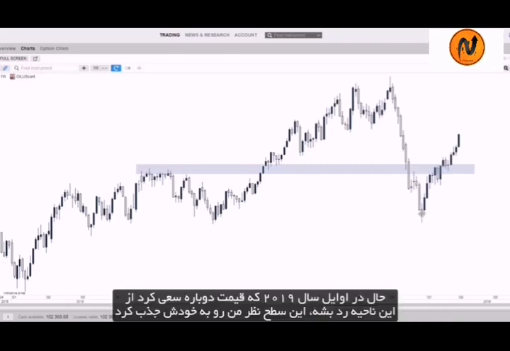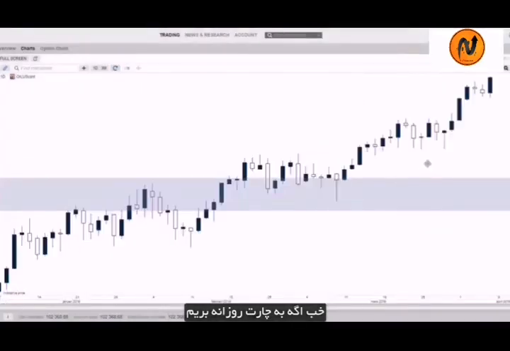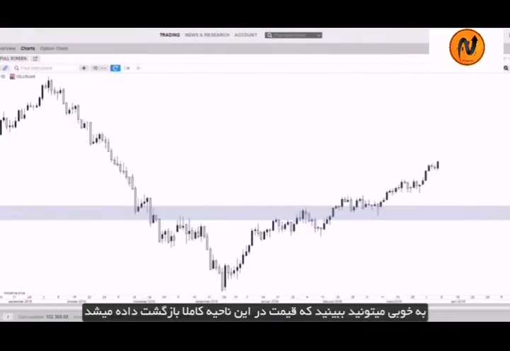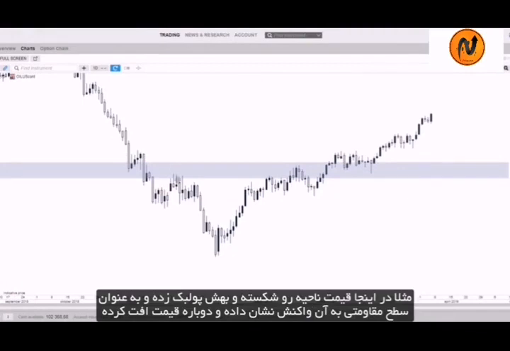So now that price, in the beginning of 2019, broke back above again, I was interested in this area again. Going to the daily chart, you can clearly see the rejections happening in this area. Here price broke below, found resistance, traded lower, traded back up.